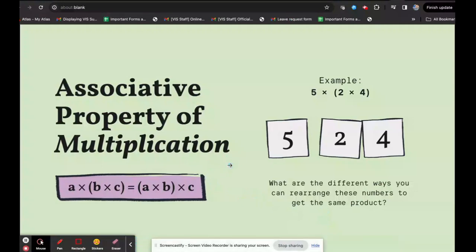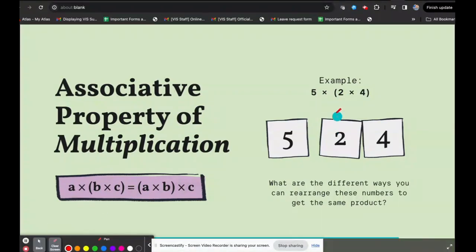The topic is the associative property of multiplication. We are done with addition, now multiplication. In this case, you can see that if we write 5 times bracket 2 times 4, what are the different ways you can rearrange these numbers to get the same product? Now we can write 5 times 2 in brackets and times 4.